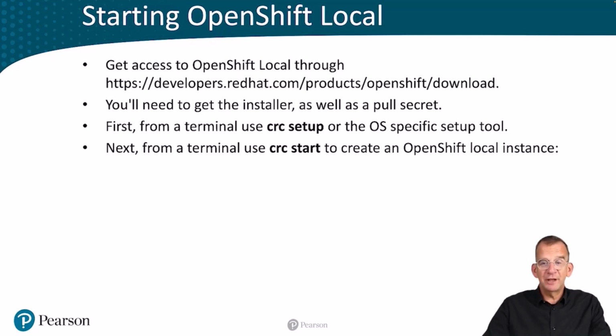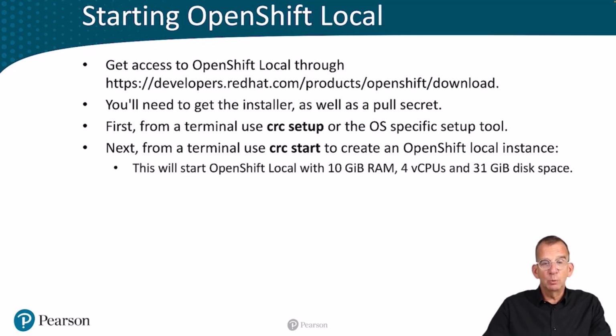So once you've done the setup, you do the crc start, where CRC, by the way, stands for CodeReady Containers. In the old days, we weren't talking about OpenShift Local. The name of the product was CodeReady Containers. That's why it's called CRC. So crc start is what you use to create an OpenShift Local instance.